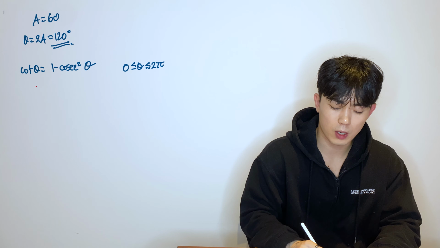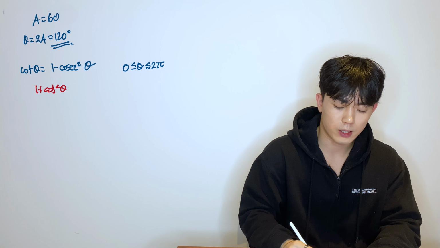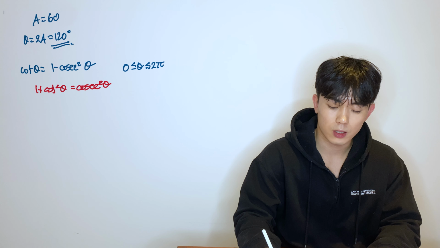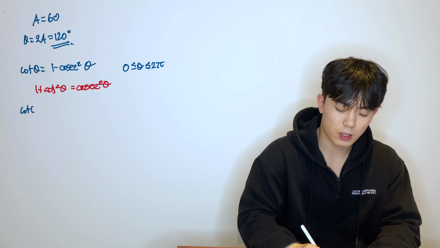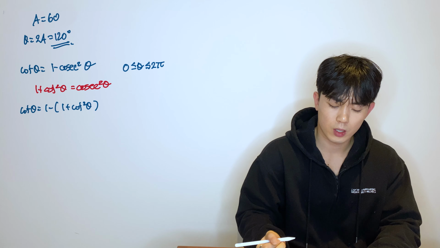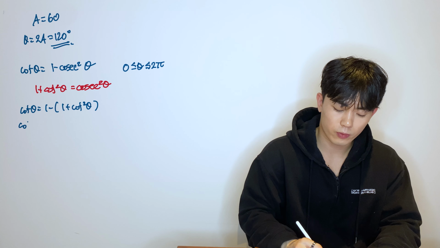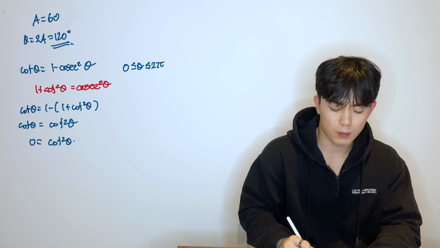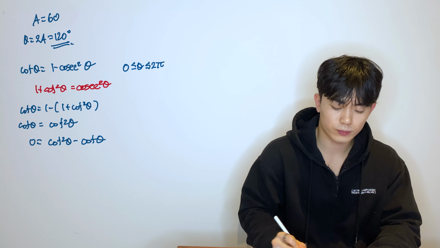So we know that 1 plus cot squared is equal to cosec squared, so that's what I'm going to replace my cosec squared with. So therefore we're going to have cot theta is equal to 1 minus 1 plus cot squared theta, which means that we're going to have cot theta is equal to minus cot squared theta, so 0 equals cot squared theta plus cot theta.